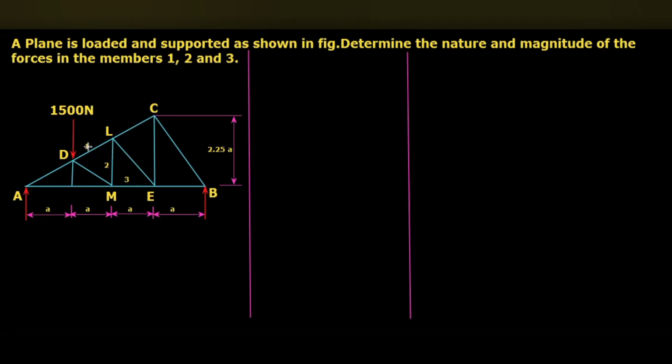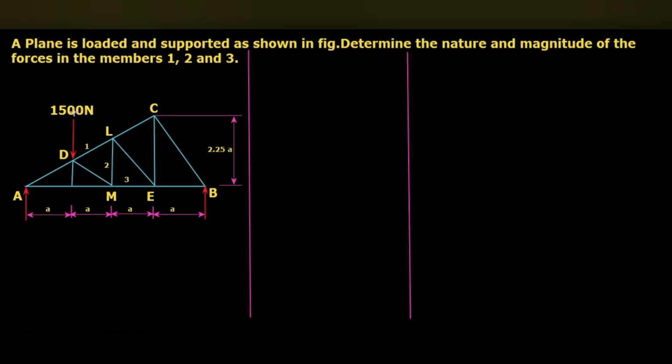The forces in the members 1, 2, 3, this we have to calculate. And this one is supported at both ends as mentioned. So the reactions at point A and B, that we have to calculate first. And at point D, there is a point downward load, 1500 Newton is acting.